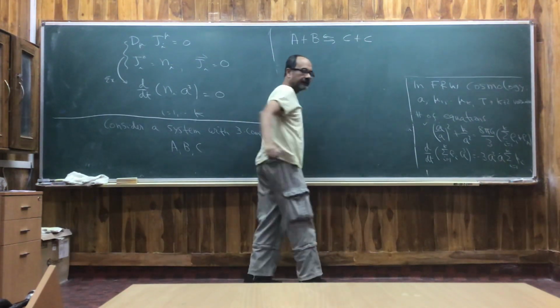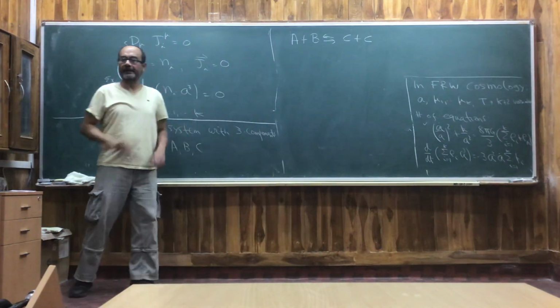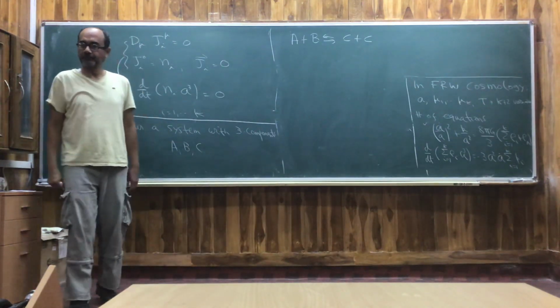That is, A and B particles can collide to make two C particles. There is a scattering process like this.